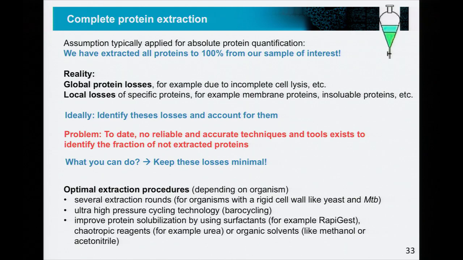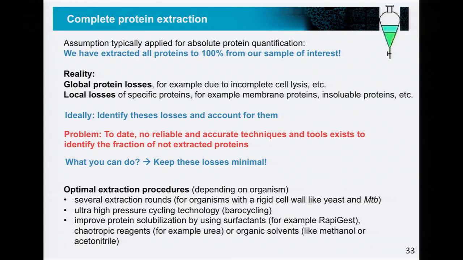And what people do here is, for example, they consider doing extraction protocols several times. I personally worked a lot with yeast and MTB, and we found that when we do extraction with bead beating, you can sometimes extract a factor of 3 to 4 more when you do the bead beating in fresh buffer over and over again, and not just once.